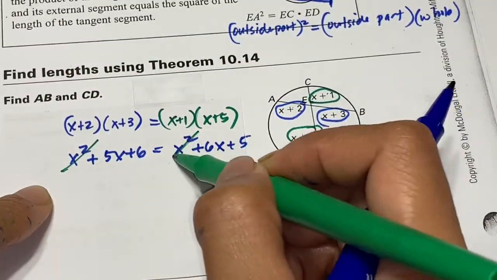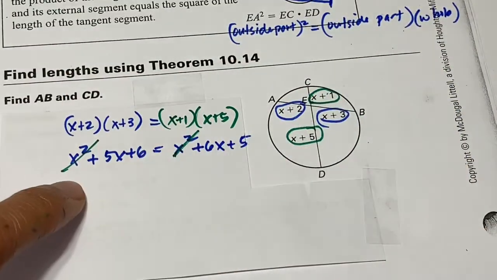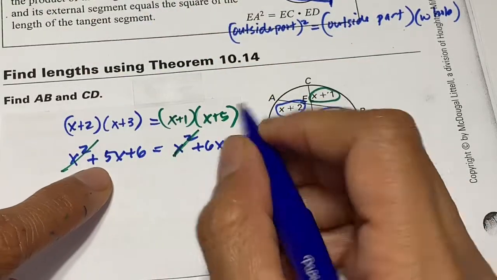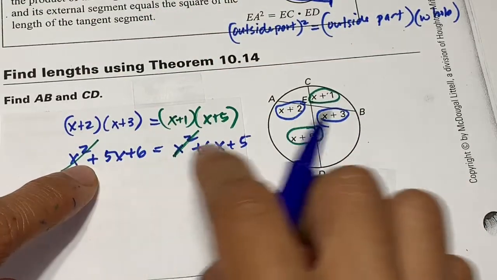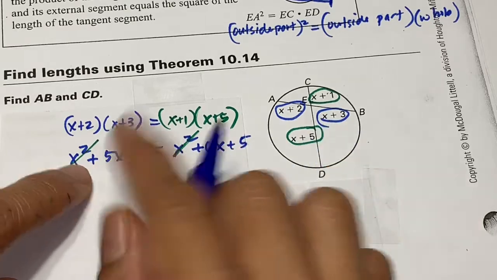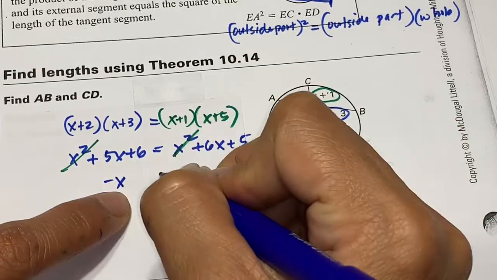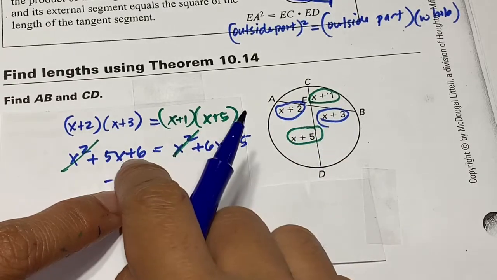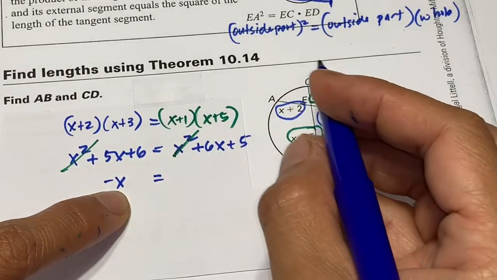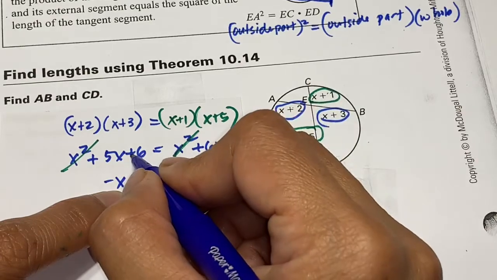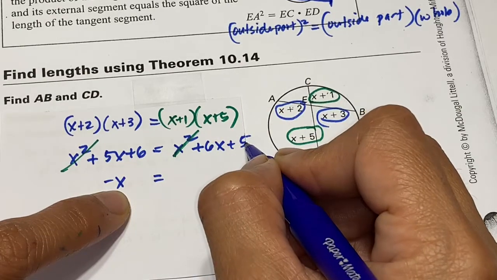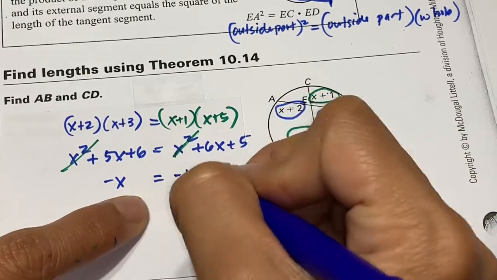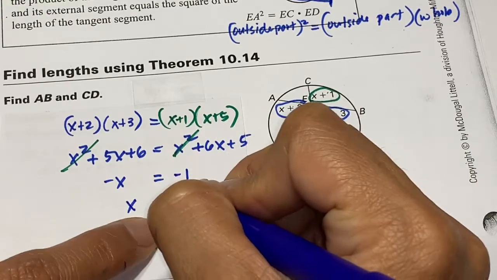If it's on the left and on the right, they cancel each other out. So then I'm going to move the 6x to the left. So that's negative x equals, move the 6 to the other side, to the right side. So minus x equals negative 1. Therefore, x equals 1.